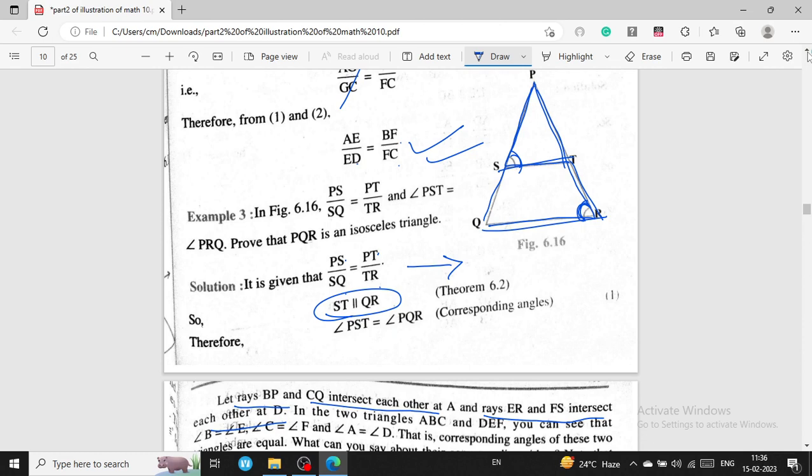In this question, the next point is we have given angle PST is equal to angle PQR.